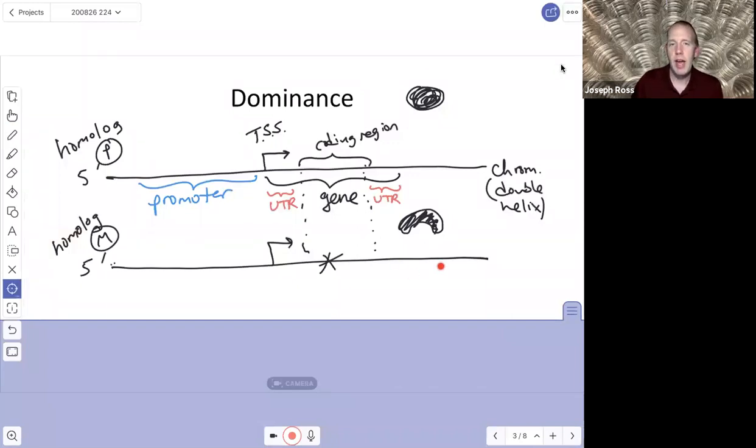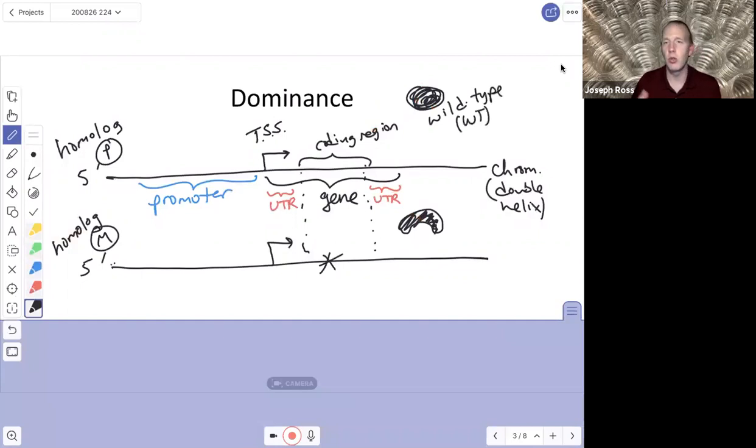If the organism has one wild type copy, sometimes abbreviated WT, that is the original or the normal functioning allele, and one mutant copy, there are a few different things that could happen.